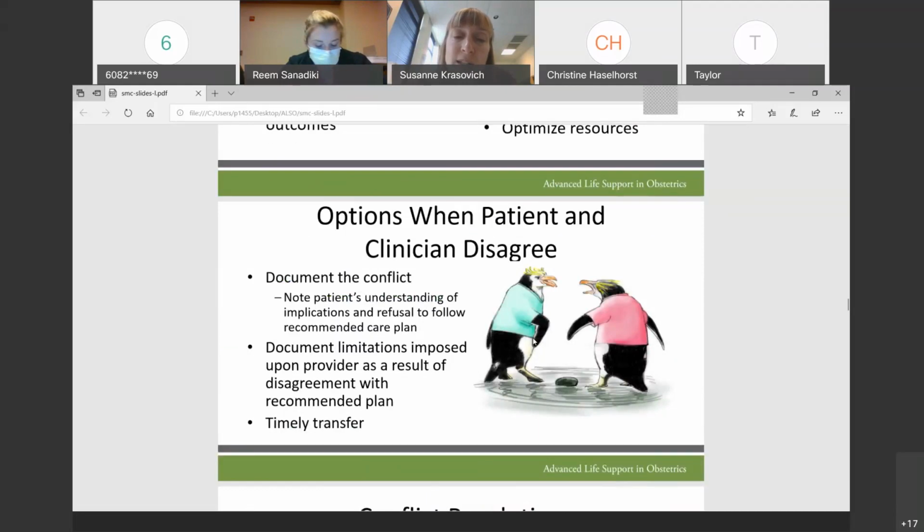You want to document any limitations that imposes on you, the provider, as a result of the disagreement with that treatment plan. And if you feel it would be in the patient's best interest that they might do better with another provider, you want to make sure that you take care of that transfer in a timely manner.